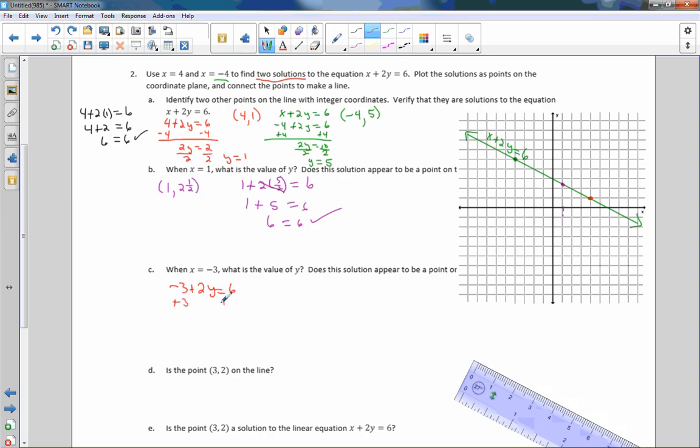Add 3 to both sides, and 2y equals 9. Divide by 2, and y equals 9 halves, which is 4 1/2. So if I go over to -3, -1, -2, -3, and I go up and put a dot on the line right there, that definitely is -3, up 1, 2, 3, 4 1/2, which is 9 halves.